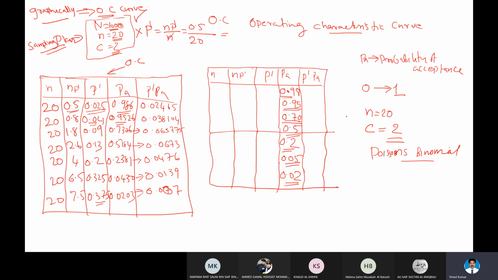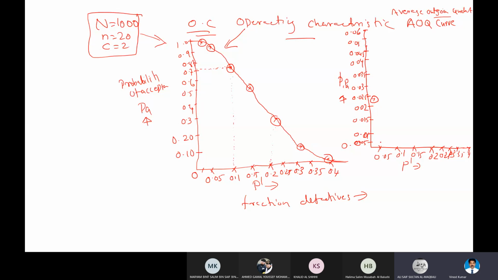Now the next one, P dash 0.04, approximately here.